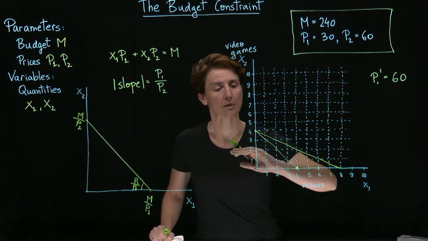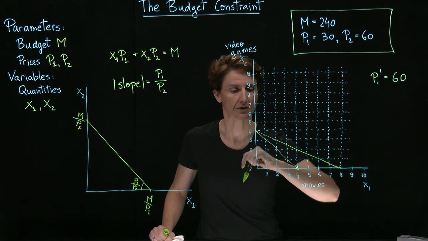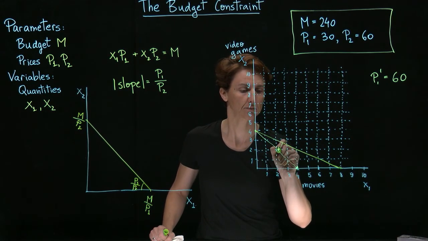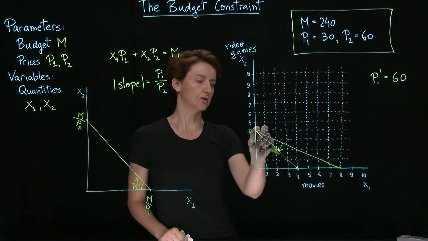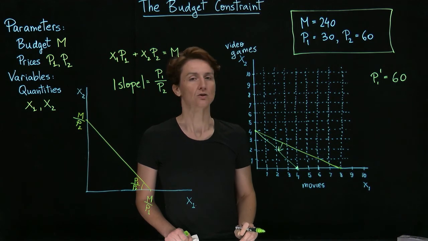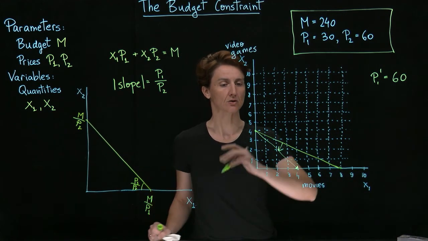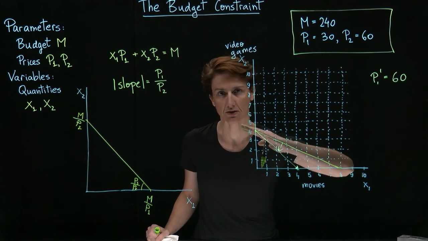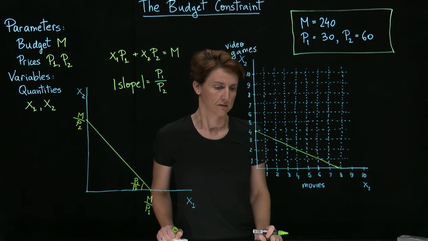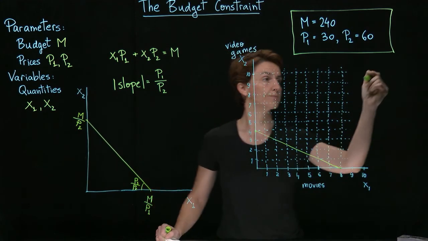Now this represents a decrease in the consumer's purchasing power. The budget constraint pivoted in, so there's a number of baskets that the consumer can't afford anymore. Generally, whenever there's a change in the price of good 1, the budget constraint will pivot around the intersection with the opposite axis.